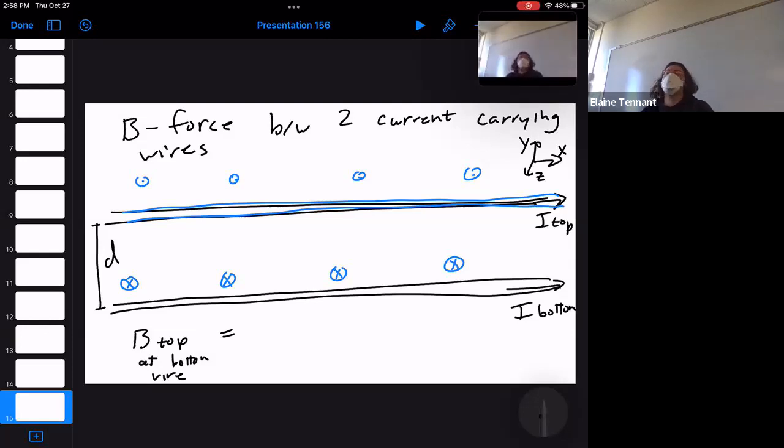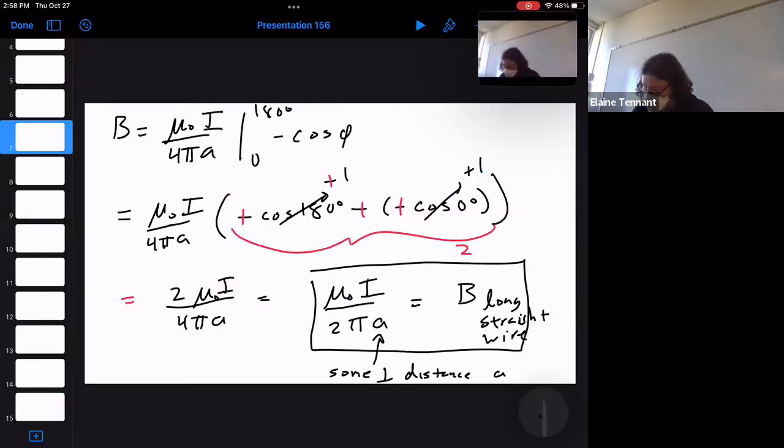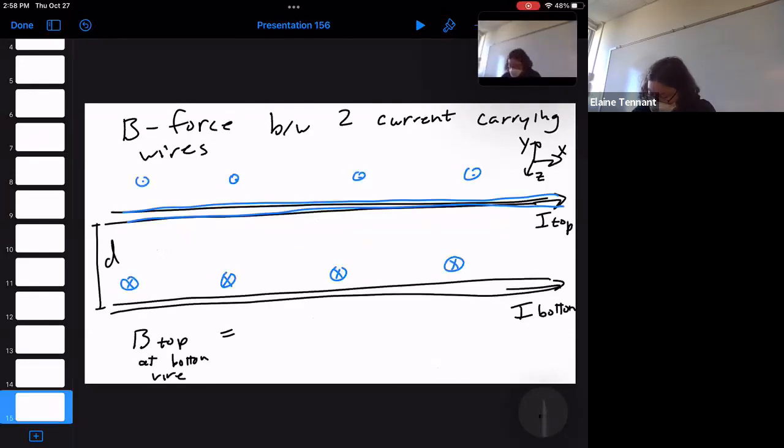Or really, should I ask, should I be using the equation for a magnetic field from a loop of wire or a long straight wire? Long straight wire, which was mu naught I over 2 pi a. But instead of a, what am I going to put in here?